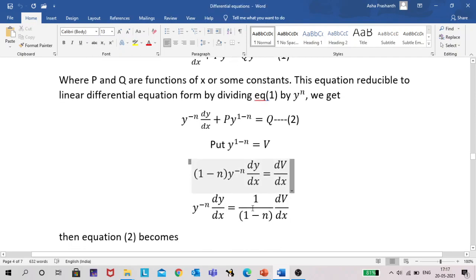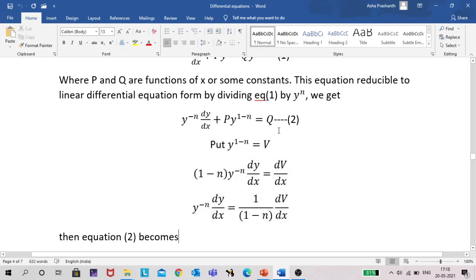I want y to the power of minus n dy by dx, so I take 1 minus n to the other side. I'll get 1 divided by 1 minus n dv by dx.